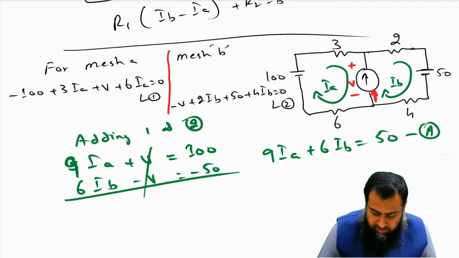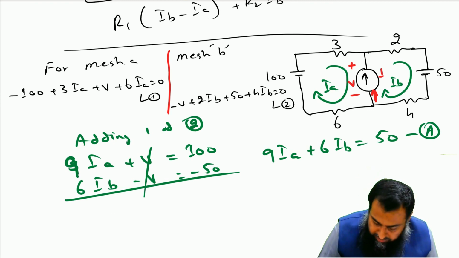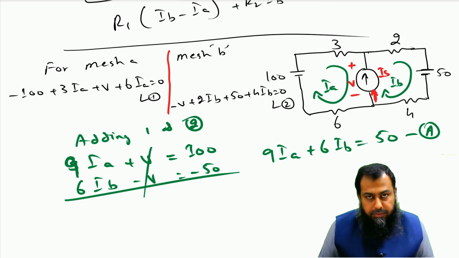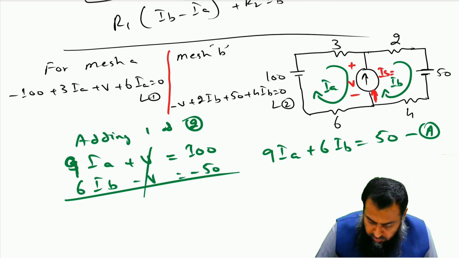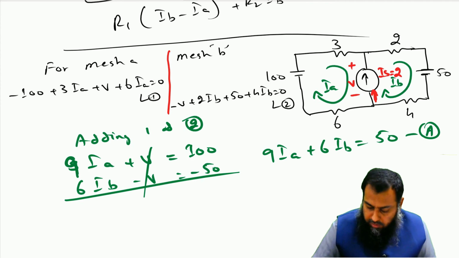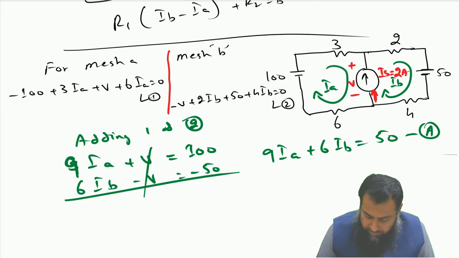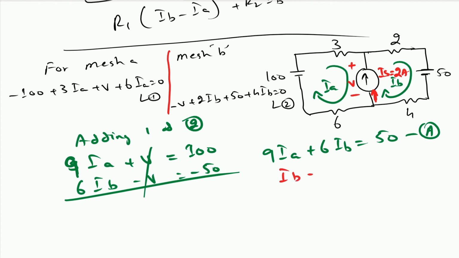Let me call this IS, equal to 2 ampere. Then IB minus IA is equal to 2 ampere.